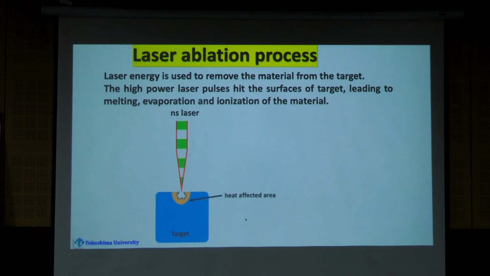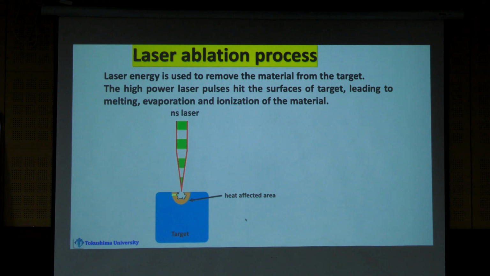A certain kind of heat is created. If that heat is more than the melting point, then melting might occur. If the heat is not more than the melting point, then evaporation will occur. Evaporation means particles start to get away from the surface, or sometimes ionization might occur because of plasma.